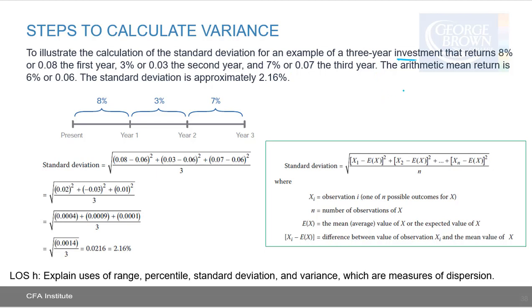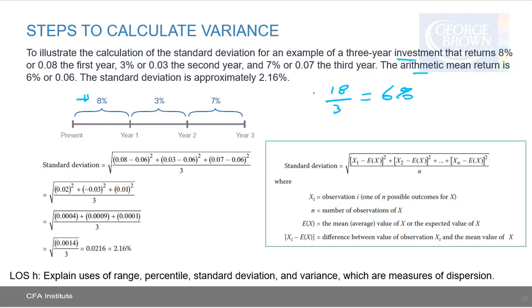So the first thing that we're going to do is calculate the arithmetic mean, and that's 6%, which is the sum of the returns divided by the number of returns. So 8 plus 3 is 11, plus 7 equals 18. I don't even need my calculator. 18% divided by 3 gives us our 6%. So that's the first step. We didn't need to calculate the returns. They were given to us.